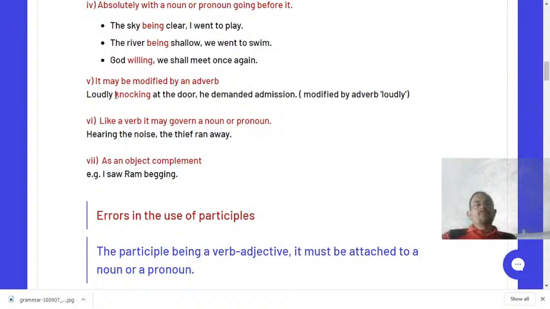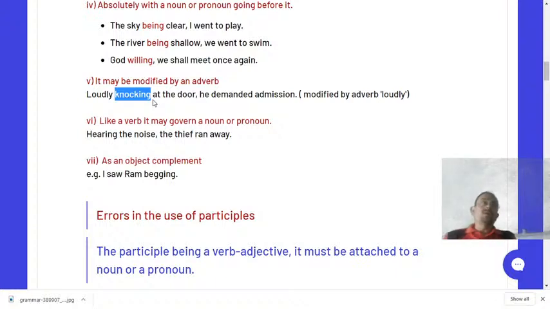Whenever you get an ing word after an adverb, that becomes a present participle. Always remember that whenever an ing word is preceded by an adverb or modified by an adverb, it is an example of a present participle.